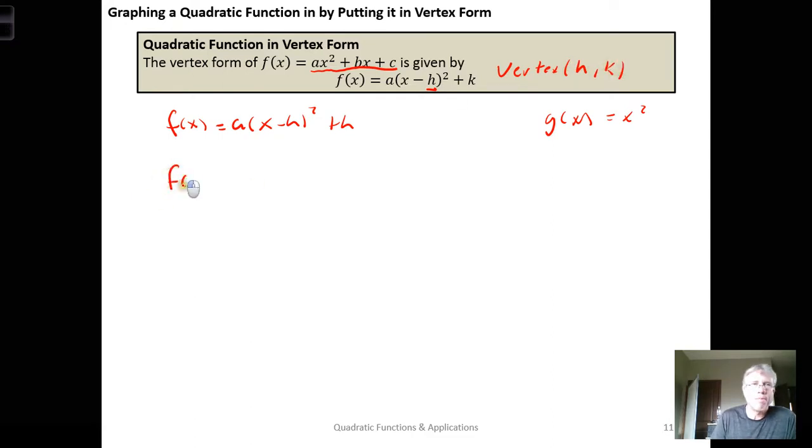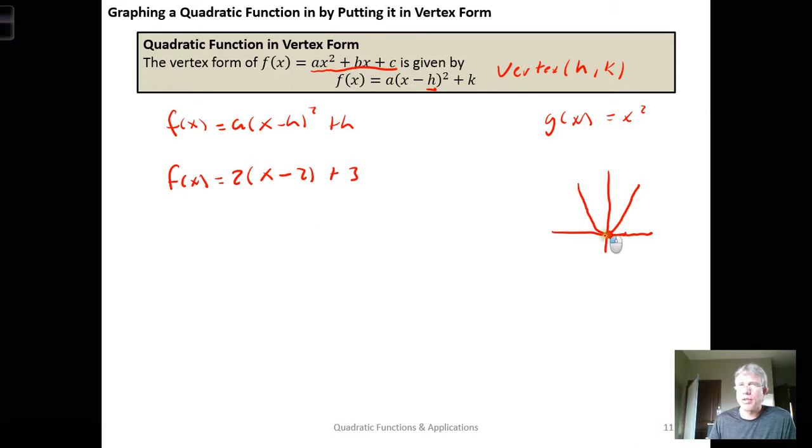So for example, if I put some concrete numbers in here, minus 2 plus 3, what I would want to identify is that the toolbox function, the squaring function, has a vertex located at (0, 0), and this allows us to see how the original vertex got moved. From our work with toolbox functions, I'm subtracting 2 from the input variable x, which means my graph has been moved 2 to the right.